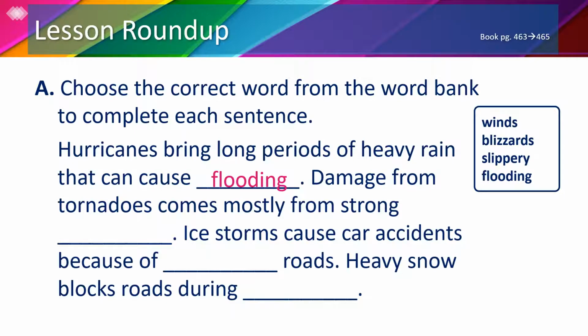Tornadoes are known for the strong winds they bring. Ice storms cause car accidents because of blank roads. The key word here is ice. Ice makes roads slippery. And finally, heavy snow blocks roads during blank. Heavy snow usually falls during blizzards.